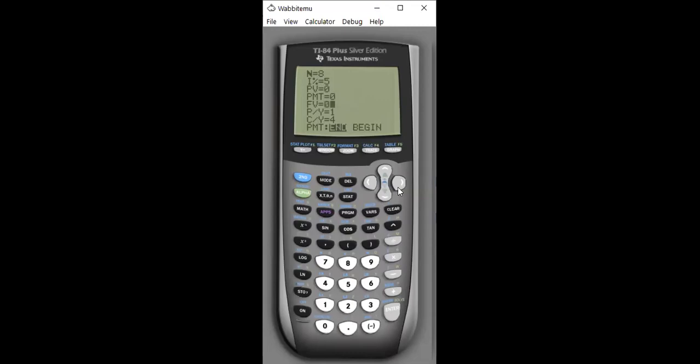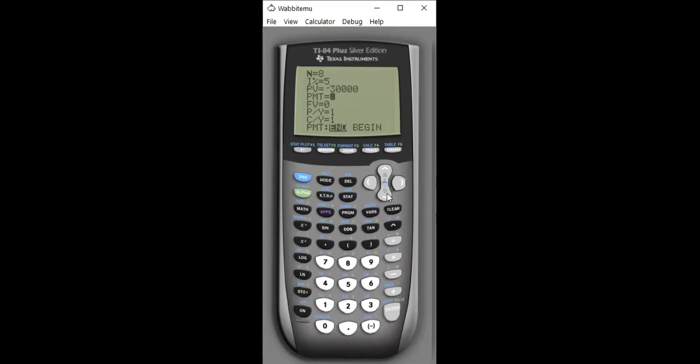First, N is the number of years, and I is the interest rate. Present value is how much you deposit right now, because it comes out of your pocket. So in here, 30,000, you put a negative.